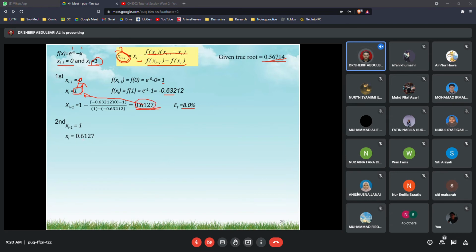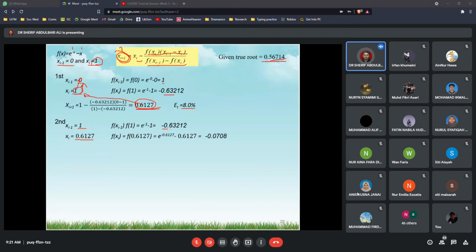So it's 0.6127. Again, we need to find the function when x is equal to 1 and the function when x is equal to 0.6. The function when x is equal to 1 is negative 0.63. And the function when x is equal to 0.61, the answer is negative 0.0708.